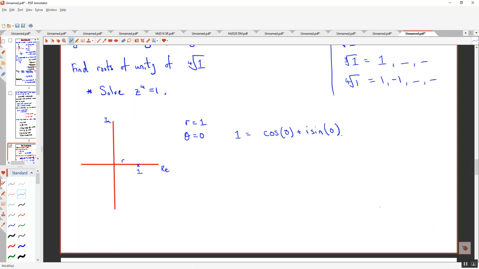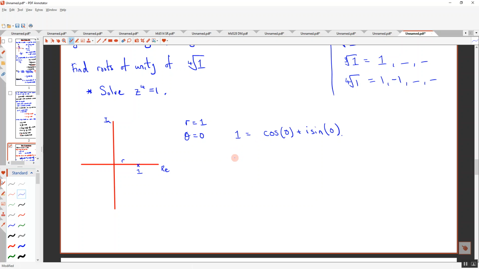Okay, and that makes sense because cos of 0 is 1 and sine of 0 is 0, so that gets rid of the imaginary part, and you're just left with 1. So that makes perfect sense.